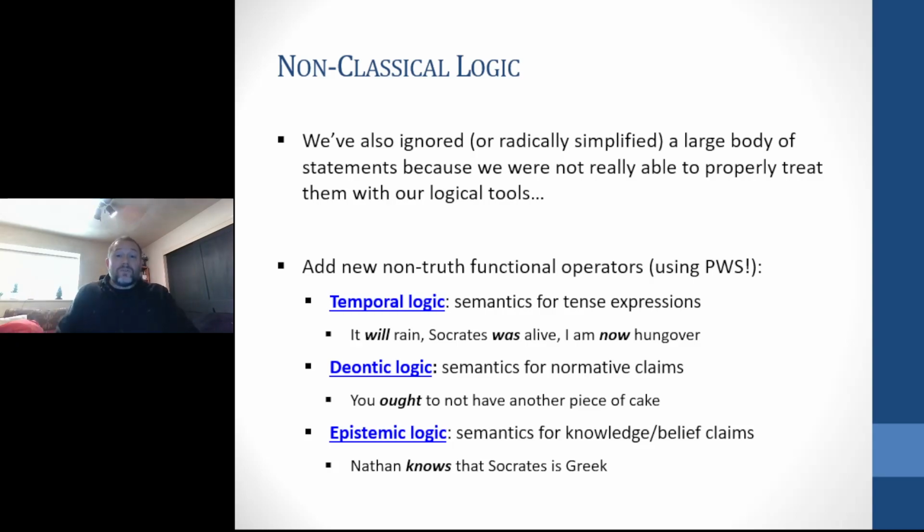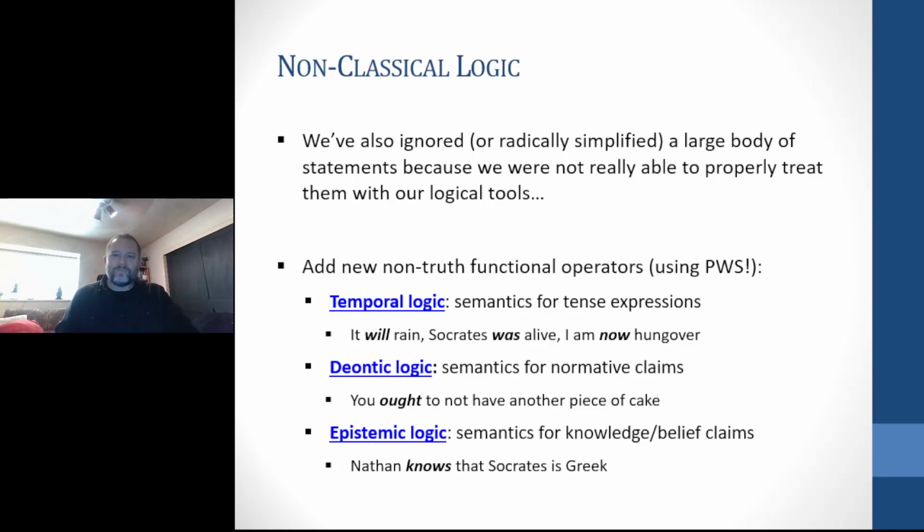So there's a couple different ways to go here. Notably, one thing we can do is start adding new non-truth functional operators. In fact, we've already seen something like this with possible world semantics and modal logic, claims about possibility and necessity. Along a similar vein, we could do temporal logic, where we add tense expressions: it will rain, it was raining, I'm now hungover.